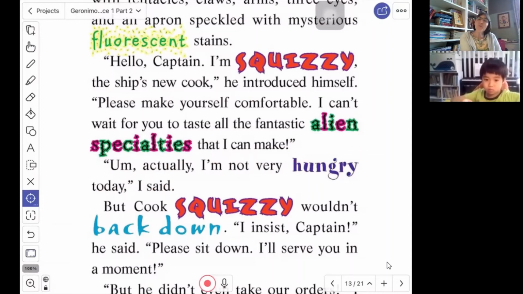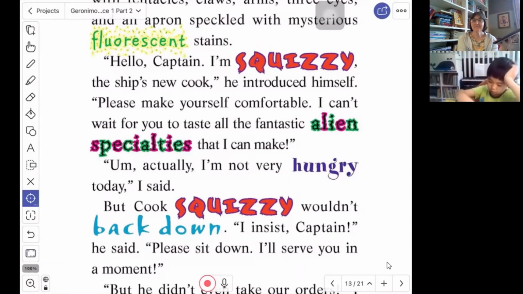No. No, because did he eat his breakfast that day? Remember what he wanted for breakfast? No, he didn't eat breakfast. Right, he didn't eat lunch. He has not eaten anything. He skipped breakfast because his grandfather ate his breakfast. So he's actually very hungry. So why is he telling the cook that he's not hungry?